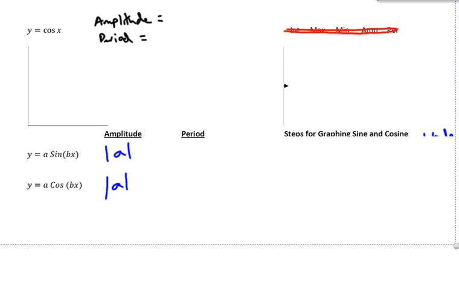Well, I can change that period. I can make it happen in a shorter amount of time, or in a longer amount of time. The way we do that is we take that normal 2 pi and divide it by b, the number that's in front of the x. We can do that with the sine and with the cosine. They both work that way.